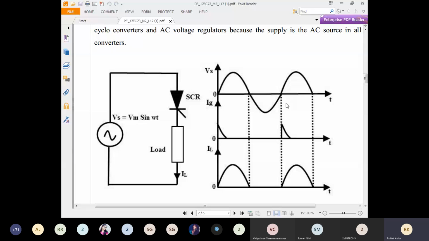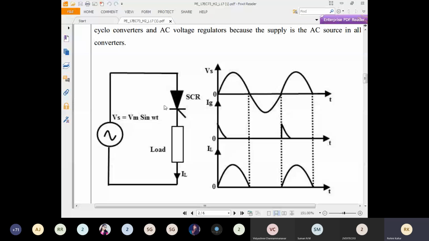Then at this zero crossing, you are making the supply voltage again from minus plus to plus minus, because of which the SCR gets forward biased, junctions J1 and J3 will be forward biased and J2 will be reverse biased. And at t equal to 0 to pi, pi to 2 pi, you will get a gate pulse.